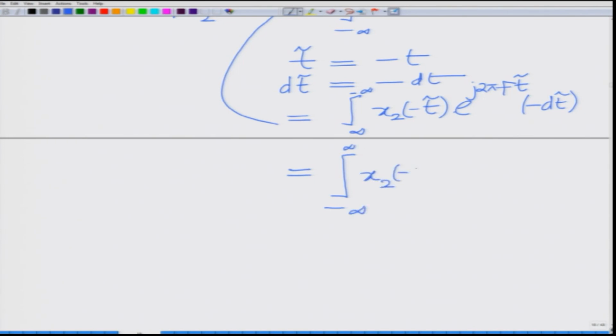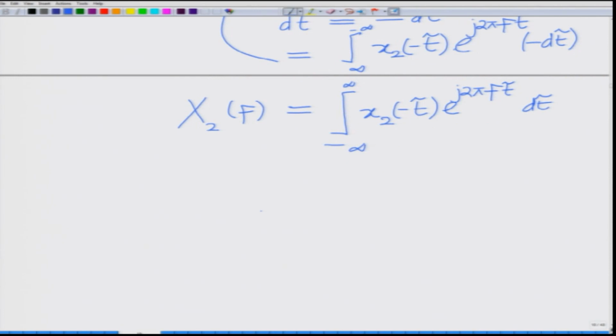Therefore, x2 of minus t tilde e to the power of j 2 pi f t tilde; the minus sign in d t tilde goes because I change the order of integration.